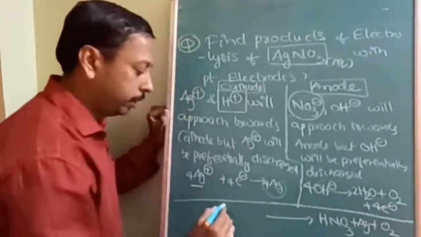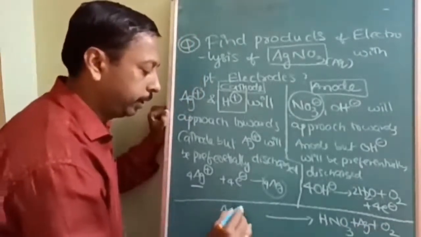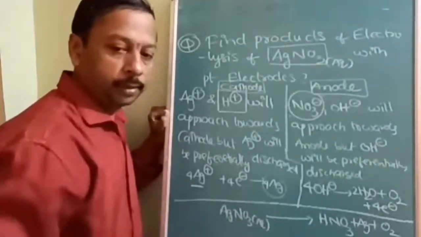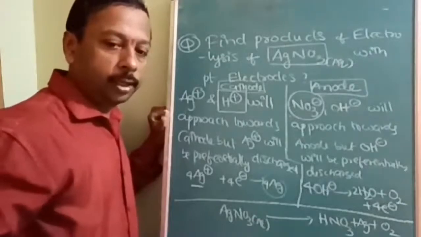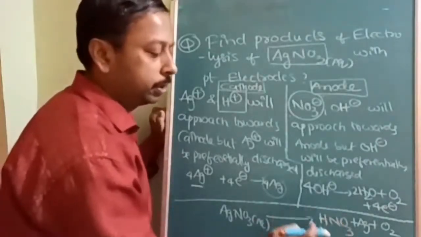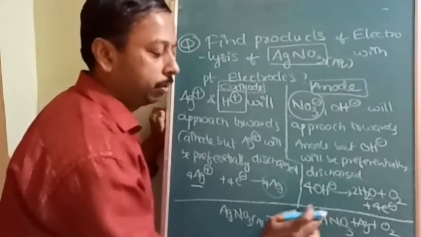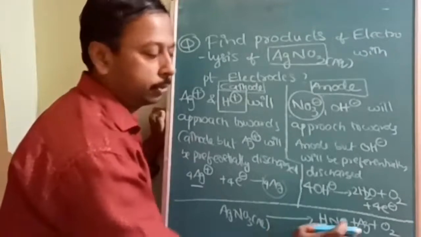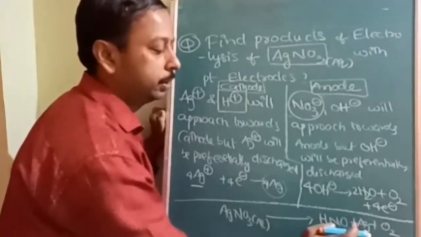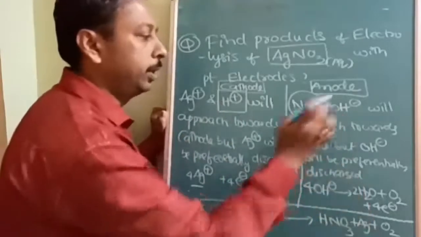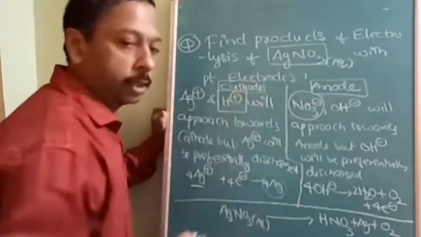So what I have done is the electrolysis of aqueous AgNO3. On electrolysis, HNO3 is left over in the electrolytic cell, silver is collected at the cathode, and oxygen is liberated at the anode.